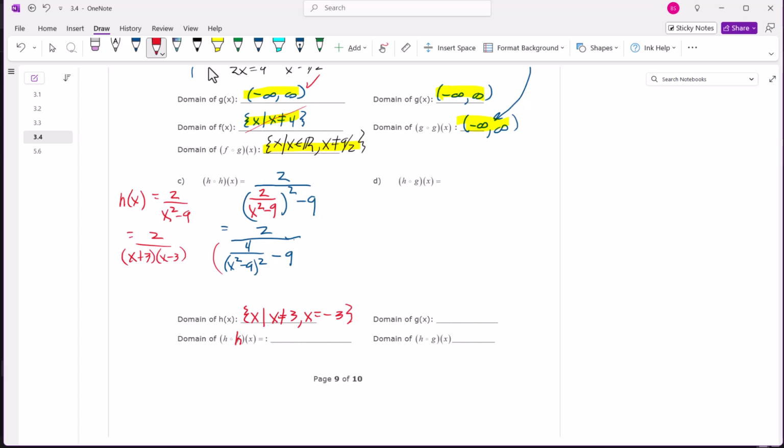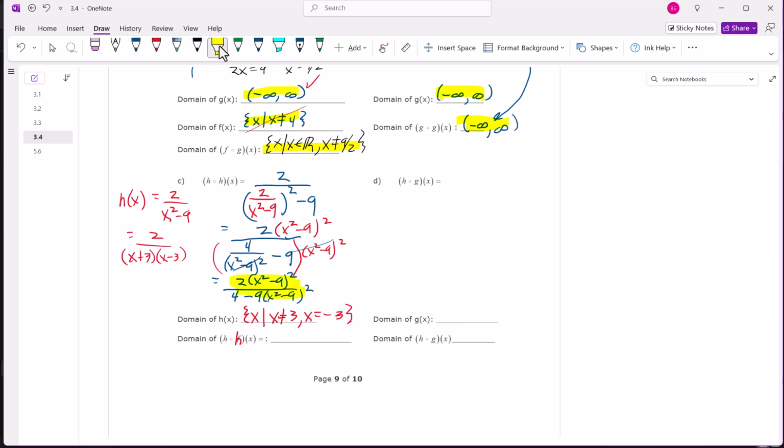So I need to multiply the bottom by x squared minus 9 squared to get that to cancel out. And then I have to do the same thing to the top. Okay, so when I do this, I'm going to have 2 times x squared minus 9 squared. The bottom, you're going to have a cancellation there, leaving 4, and then minus 9 times x squared minus 9 squared.